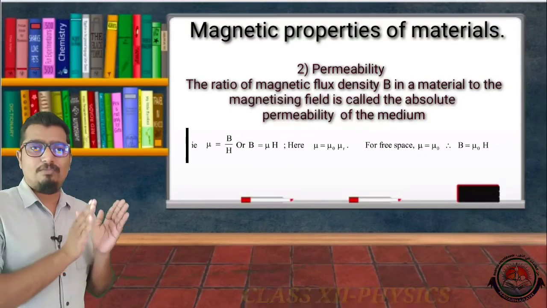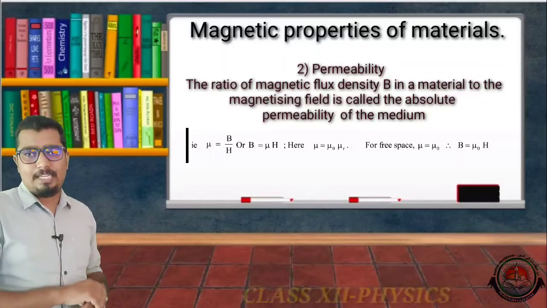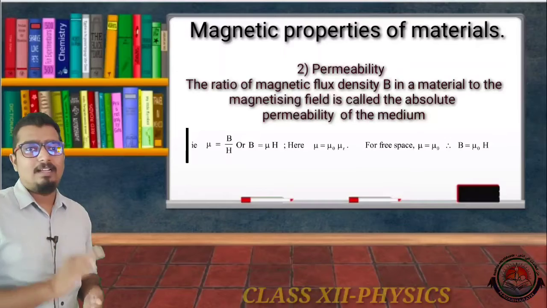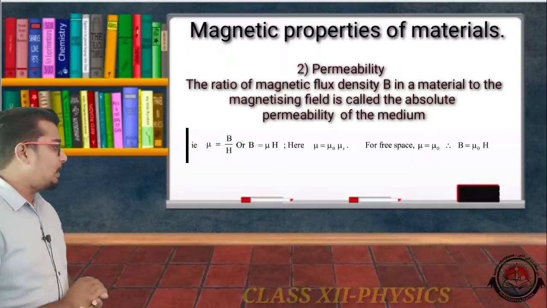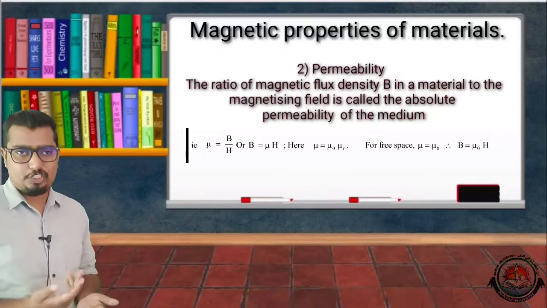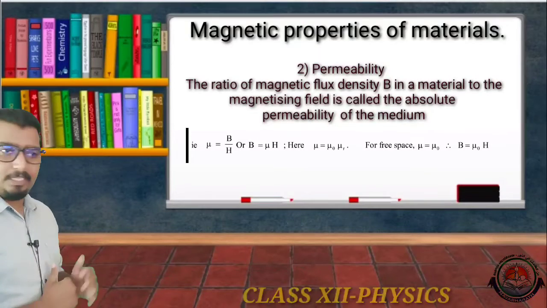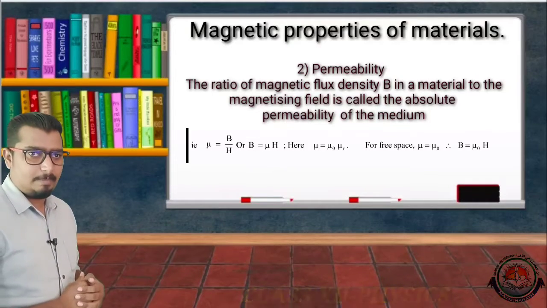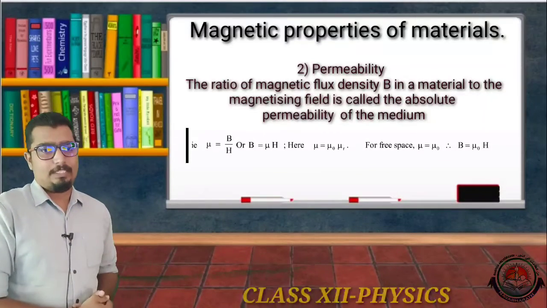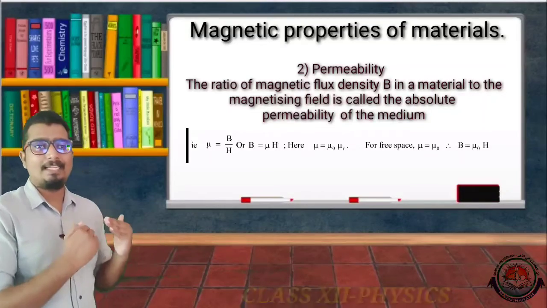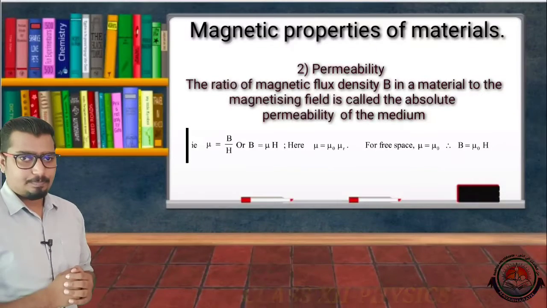That is the absolute permeability of the medium: mu equals B by H. Here B is the magnetic field strength and H is the magnetizing field.